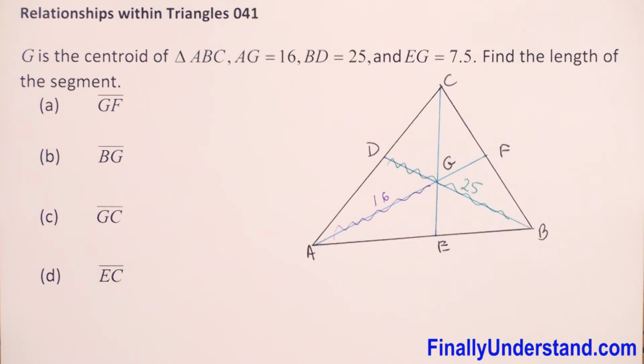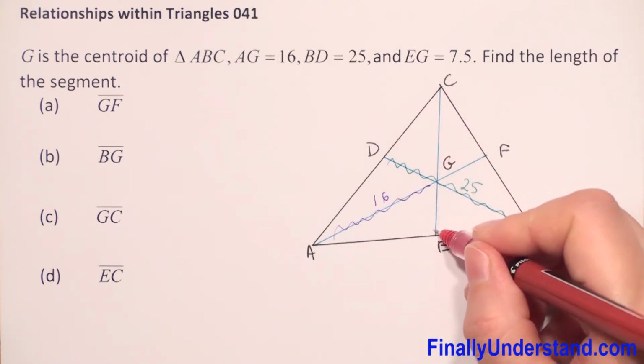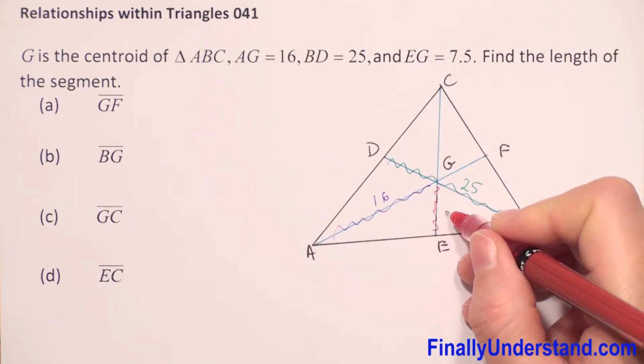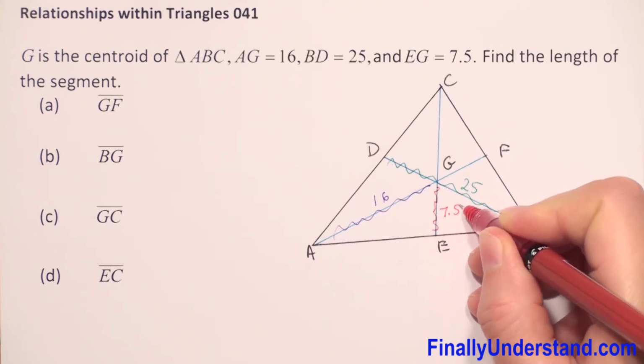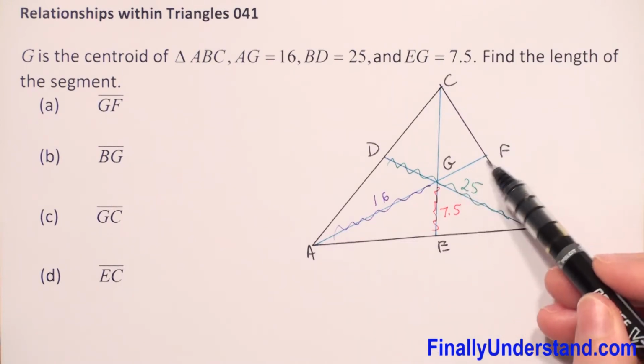And EG, this part, has 7.5. We have to find the length of segment. And first we have to find GF.